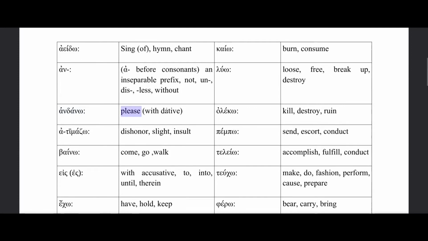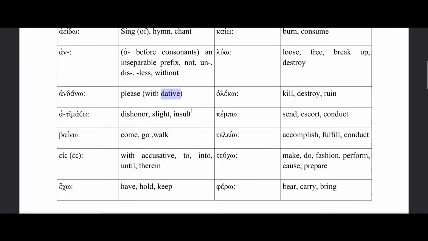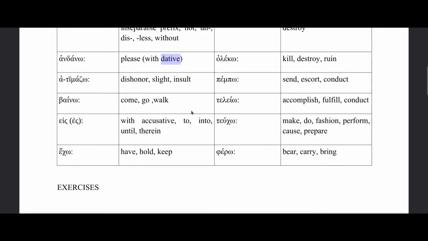Now, we note that it comes with a dative. That means that the object of the verb is in dative, or that the verb is followed by a dative. This one. Here is the prefix we saw before. Atimazo. Okay, this was the right pronunciation. It does mean dishonor or insult someone.